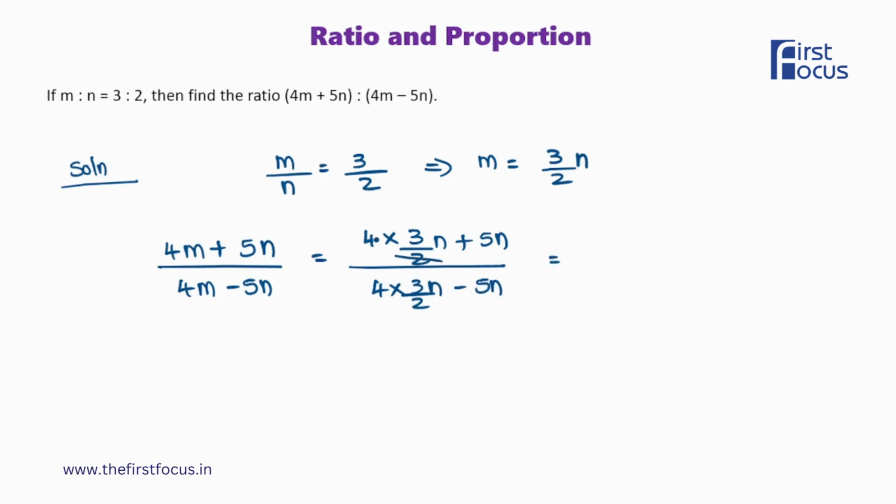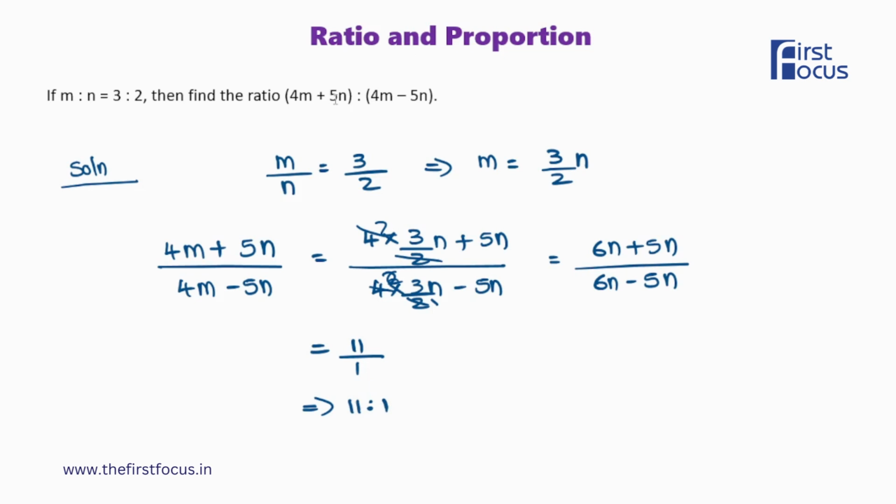On solving this, we get 6n plus 5n divided by 6n minus 5n. So the ratio of 4m plus 5n is to 4m minus 5n is 11 is to 1.